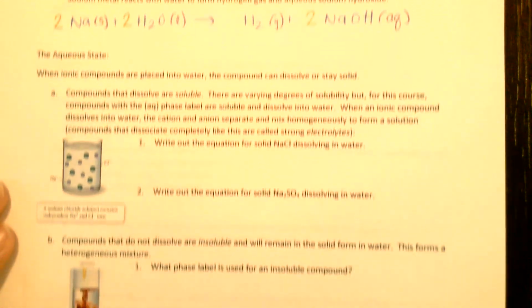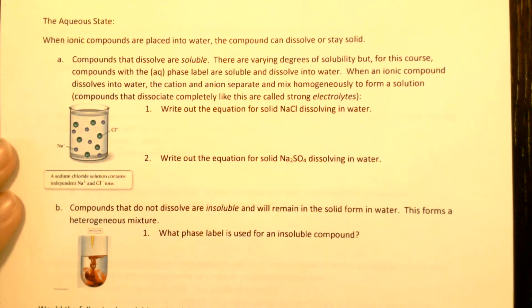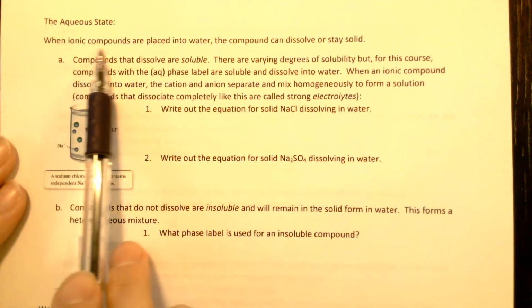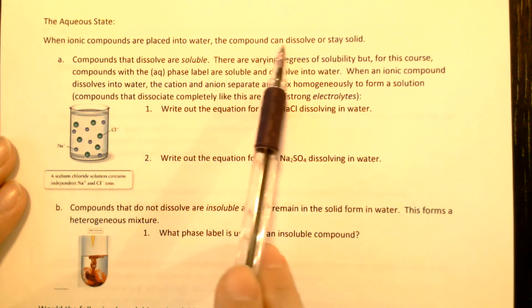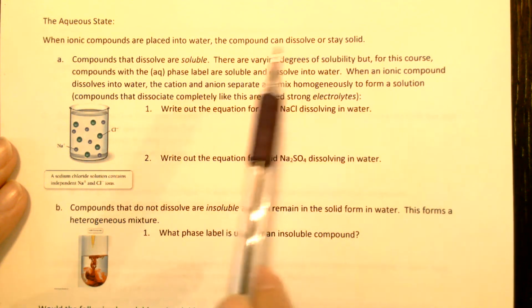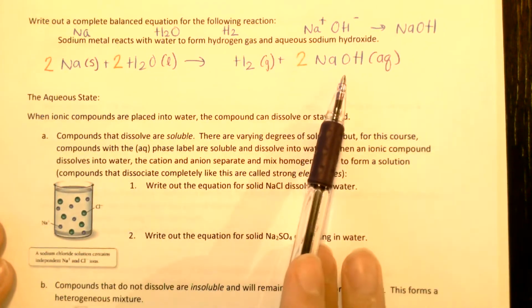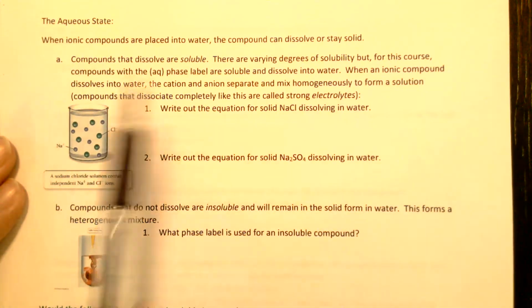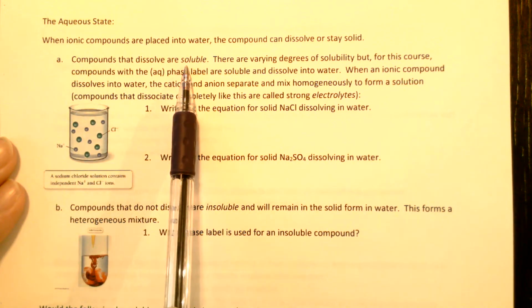So to finish this out, we're going to look at what's called the aqueous state. When ionic compounds are placed into water, the compound can dissolve or stay solid. Some ionic compounds will dissolve and be aqueous, like our sodium hydroxide, some do not. Compounds that dissolve are called soluble.